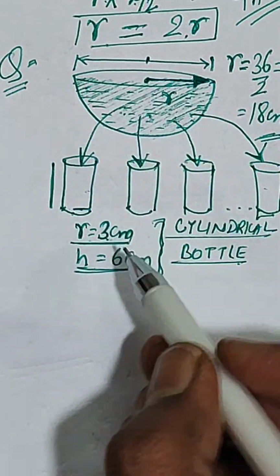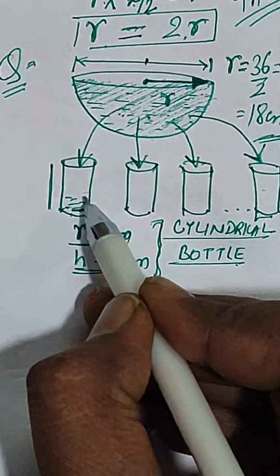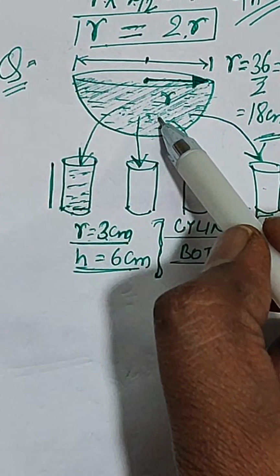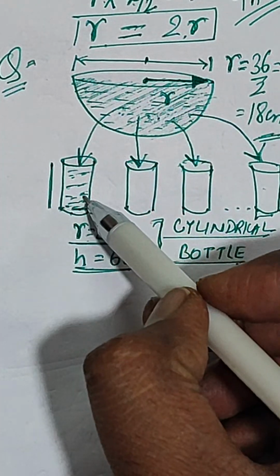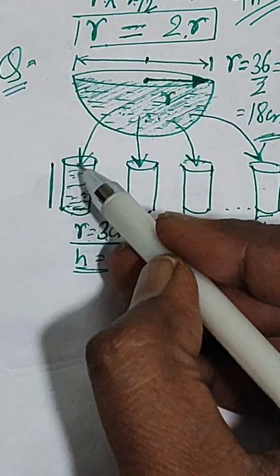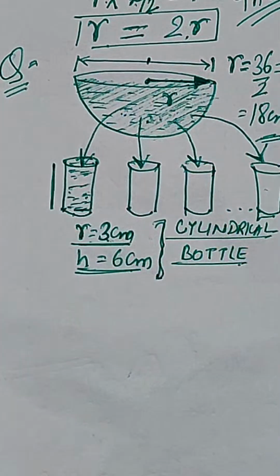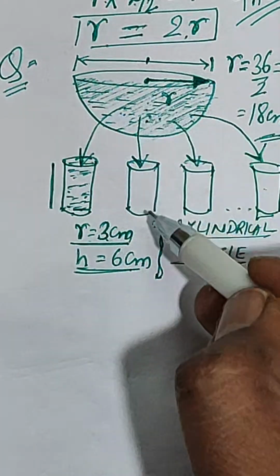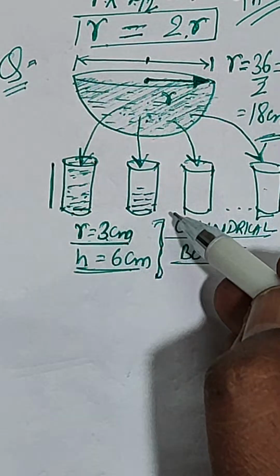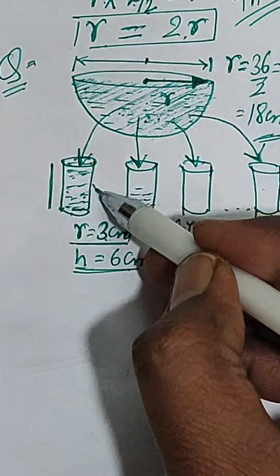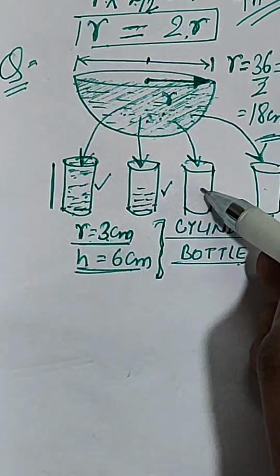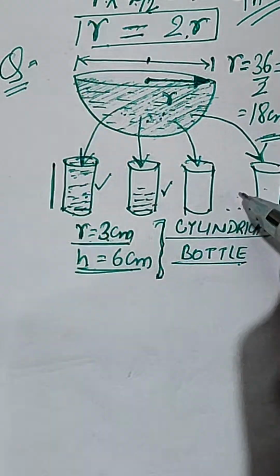So if this liquid is poured into these cylindrical bottles and a bottle is filled, the total volume in this bowl will not be used up by one bottle. Liquid will be left inside the bowl. Then you use the same liquid to fill the second bottle, right? Like that you keep filling. After that, with the remaining liquid you fill the third one also, and likewise.